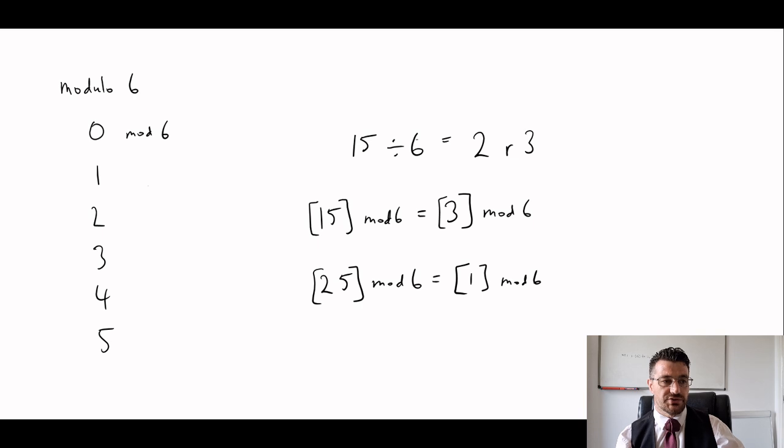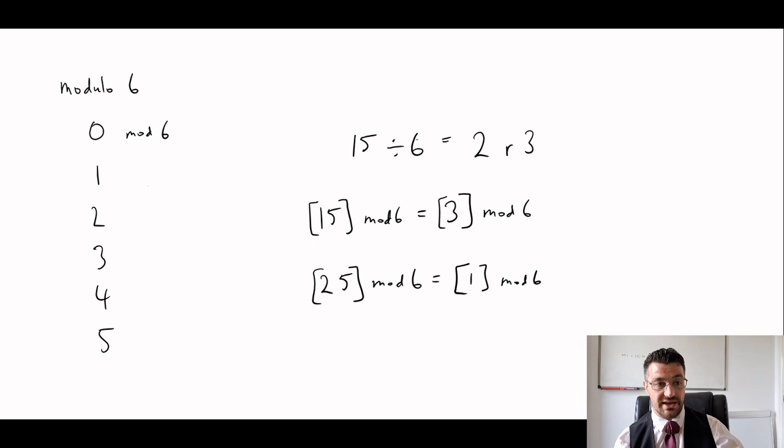So modular arithmetic is effectively counting all of the numbers that have the same remainder when divided by 6 as being the same thing. We put them into what's called an equivalence class. So 15 and 3 would be in the same equivalence class.